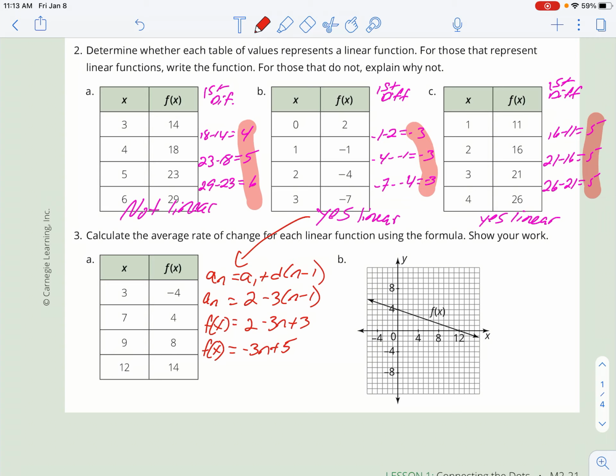I have to pause on that and come back to that linear one for you. Because the answer should be -3x plus 2. That should be our answer right there. I'm trying to figure out why it's not working from there.